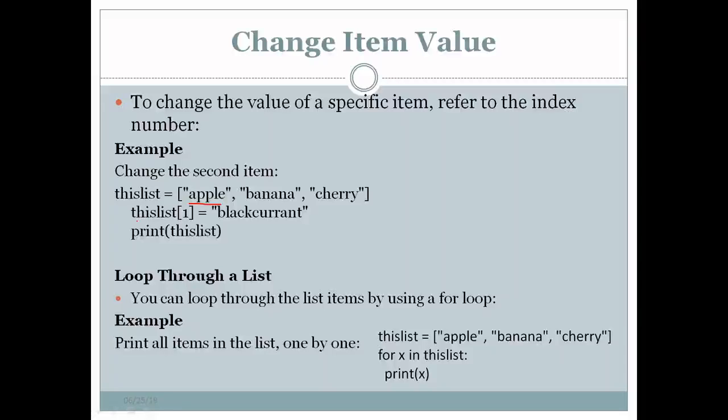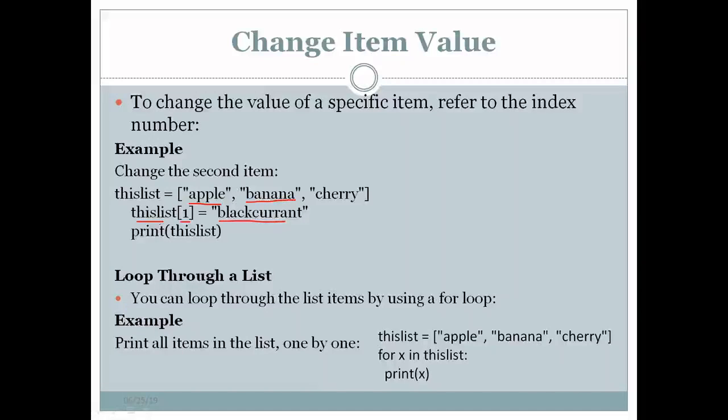So we will be adding it using the name of a list, then the position where we want to add the new item, that is index position 1, equals black currant. So this particular assignment simply changes the second item, that is banana, with a new item, that is black currant.